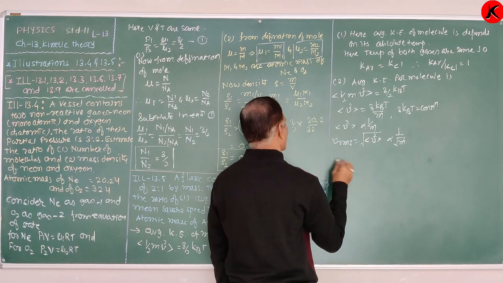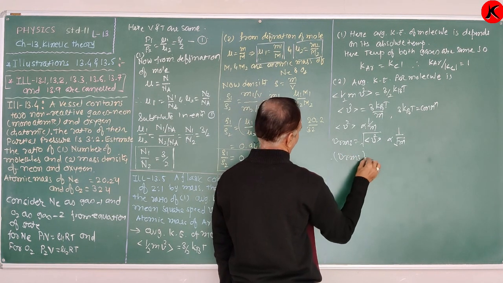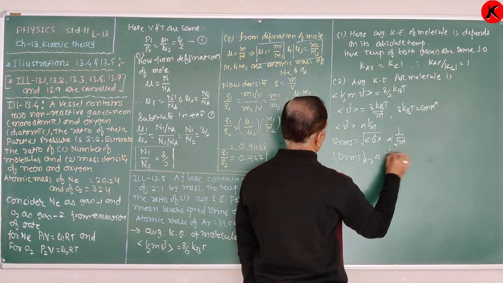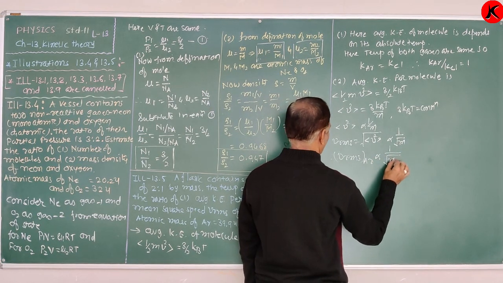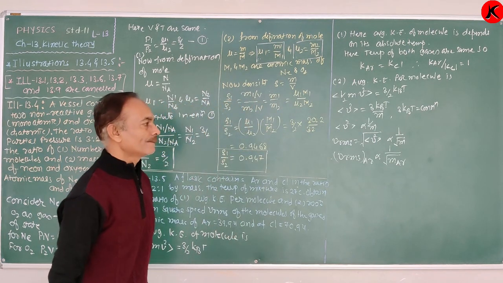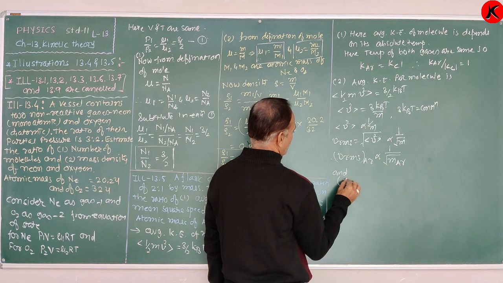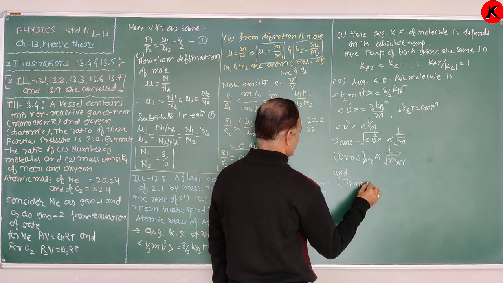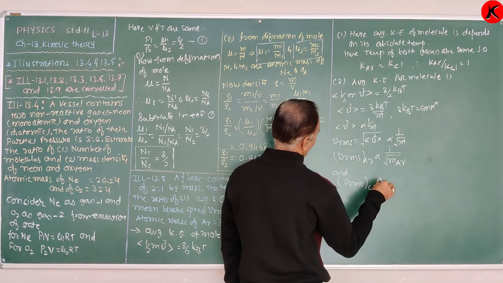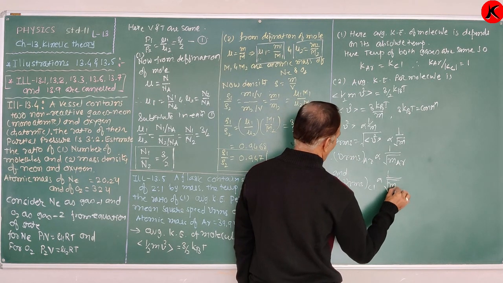Therefore, VRMS of argon is proportional to 1 upon under root of mass of the molecule of argon, and VRMS of fluorine is proportional to 1 upon under root of mass of fluorine.